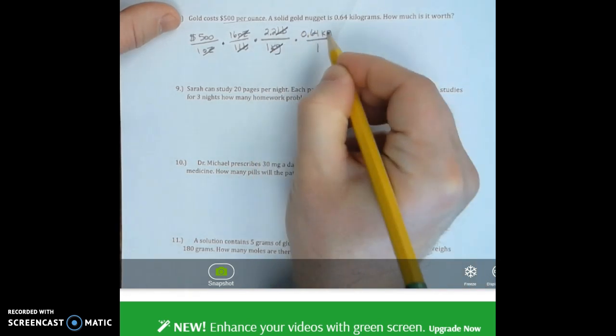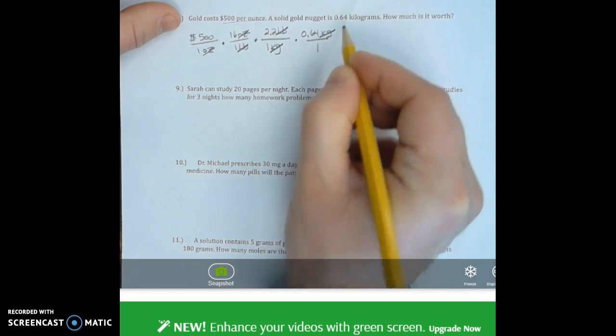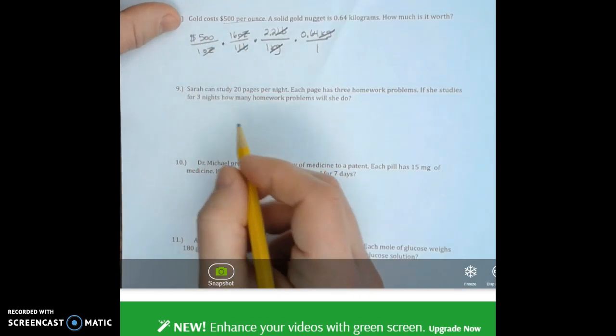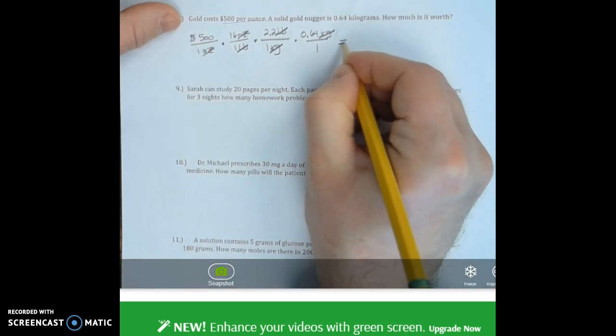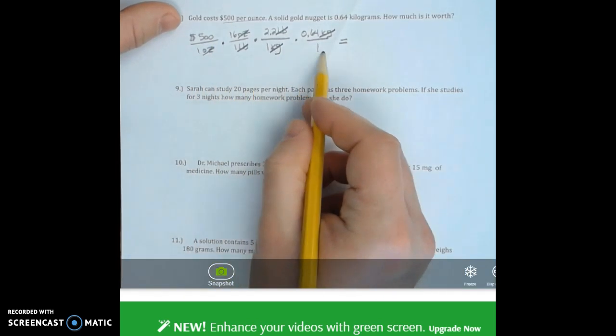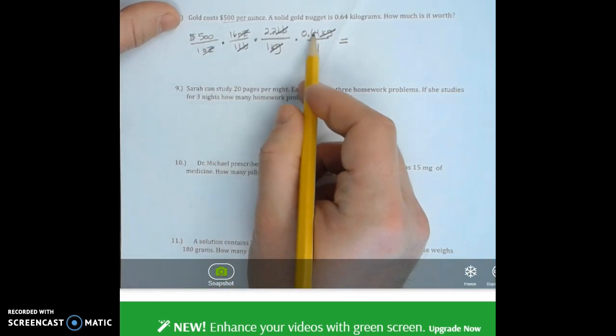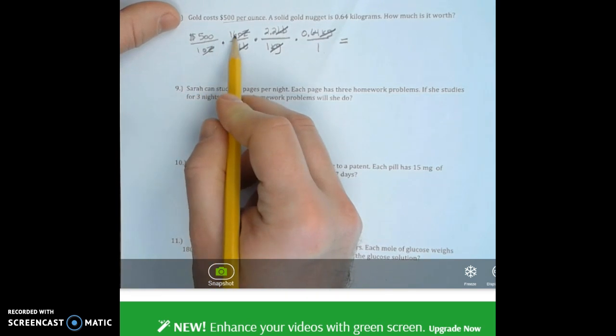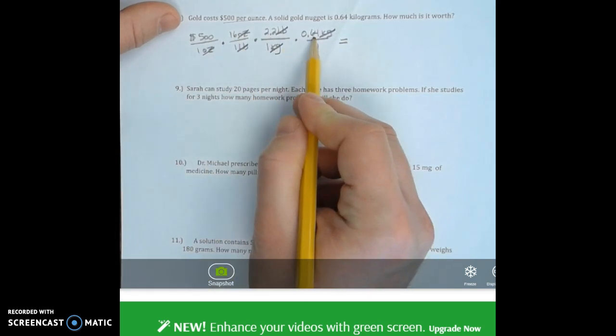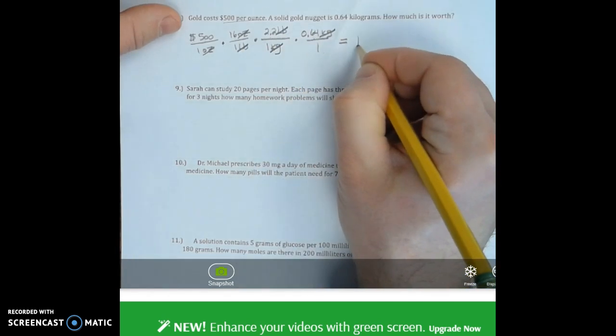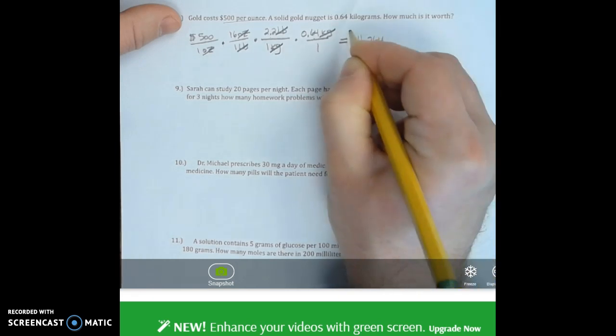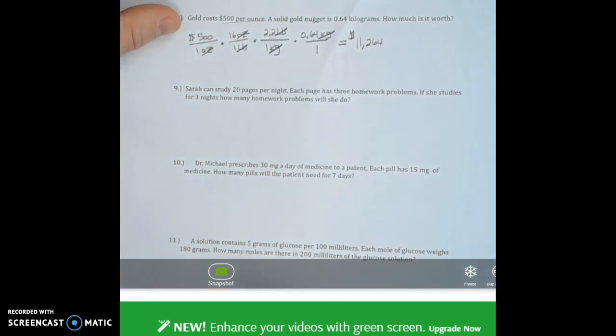So my kilograms can simplify with my kilograms, and now my units are just left in terms of dollars. So all I have to do, since my denominators are all 1, I just have to multiply these 4 numbers together. 500 times 16 times 2 and 2/10 times 64/100ths. And when I do all of that multiplication, that's going to give me 11,264, and the units were dollars.